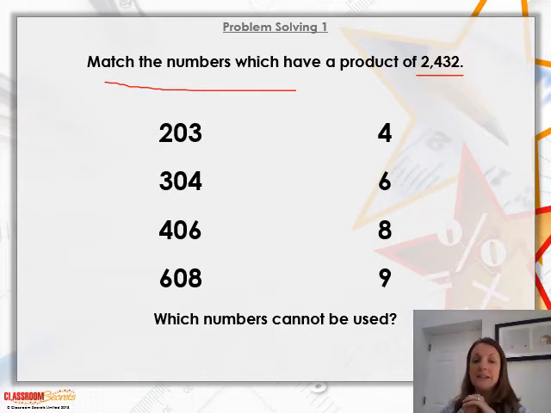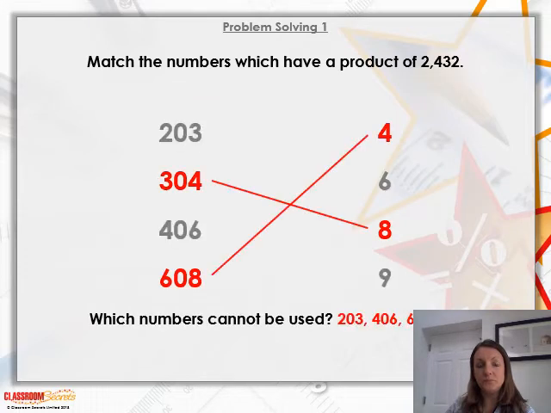Have a little look and see if you can work out which numbers would give the product of 2,432. And hopefully you have worked out that 304 times 8 would give us a product of 2,432, and 608 multiplied by 4 would also give us this product as well.